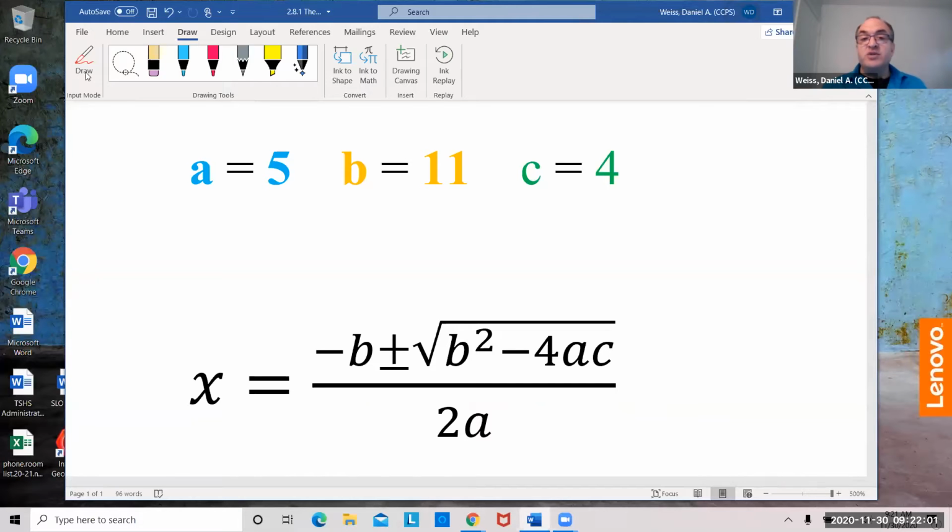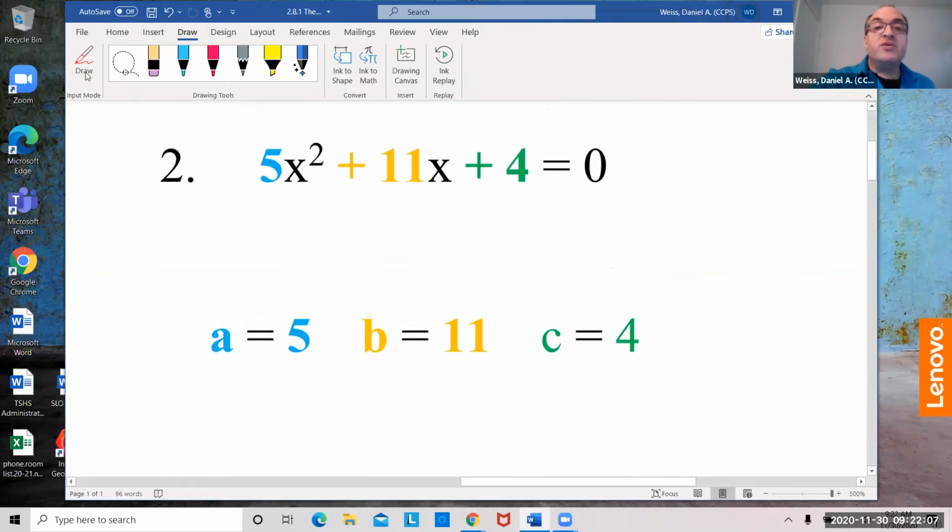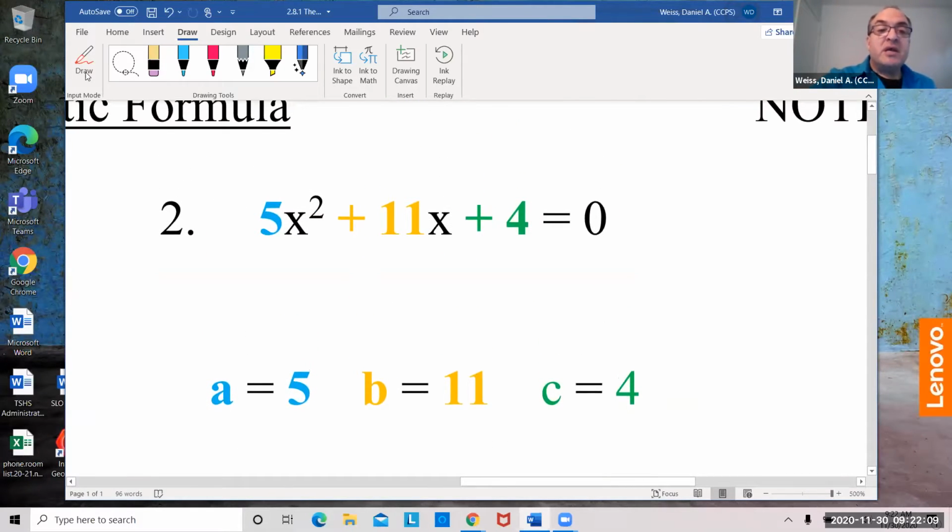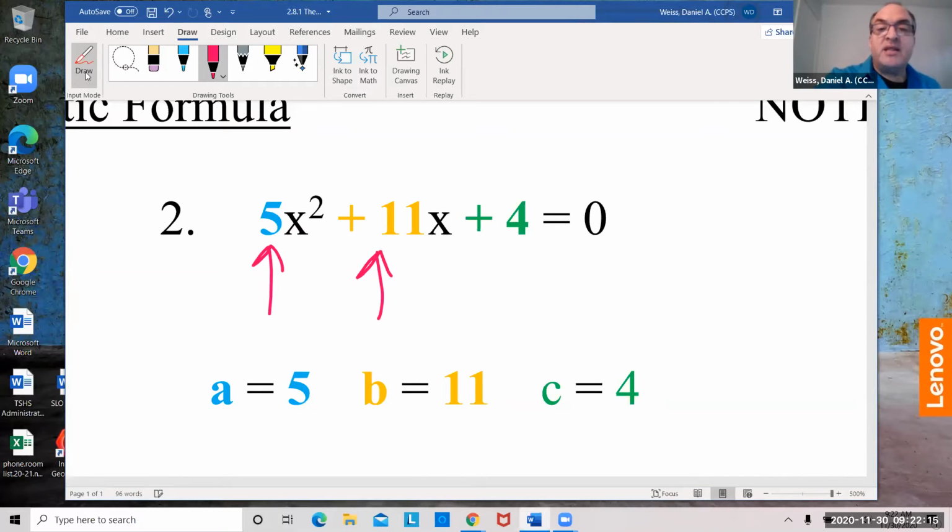You just put the numbers in. When you see an equation, you're going to know that's going to be A, that's going to be B, and that's going to be C. Always. Okay?